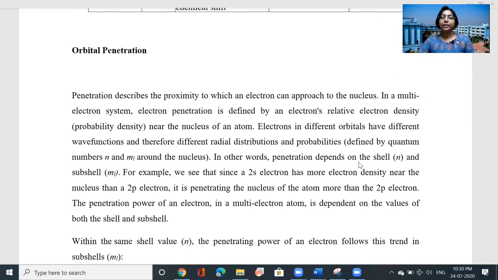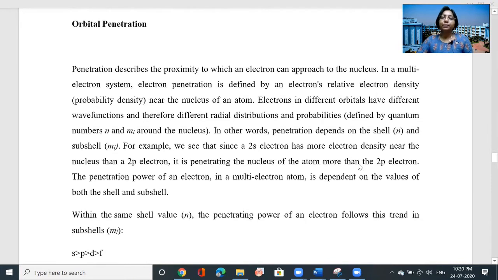You know that in an atom, at the center there is the nucleus. It contains the protons, which are positively charged, and the negatively charged electrons move surrounding this nucleus. So here it is the proximity to which an electron can approach the nucleus.